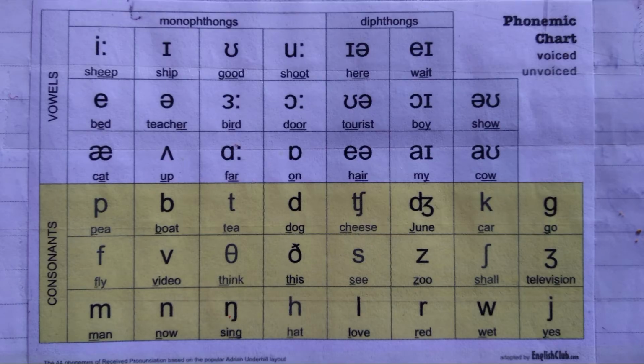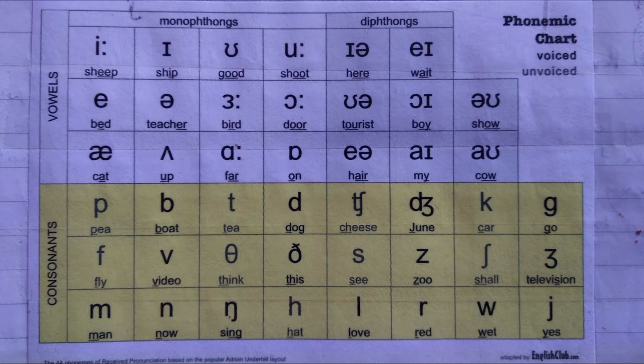Okay, so now on the screen you're seeing the phonemic chart, which is divided into three parts. First of all, on the top you have the vowels, separated between monophthongs and diphthongs, and on the bottom you have, in yellow, the consonants. So each of these symbols represents a sound in the English language. These are phonemes. Okay, you get it?